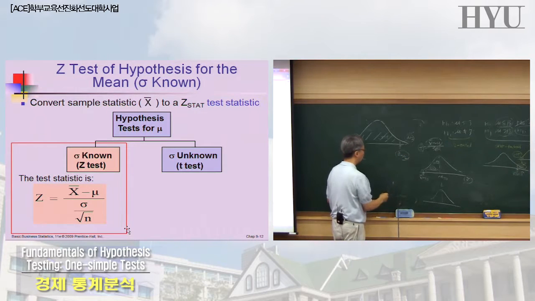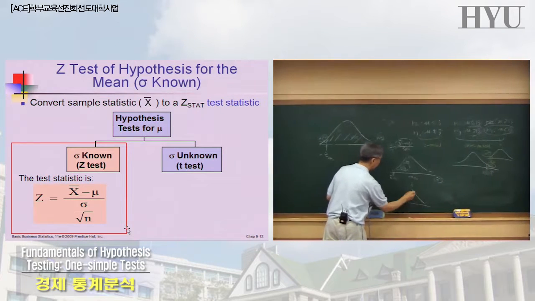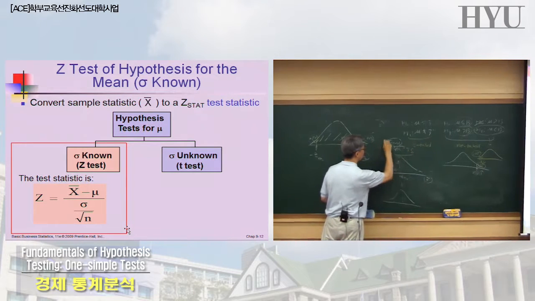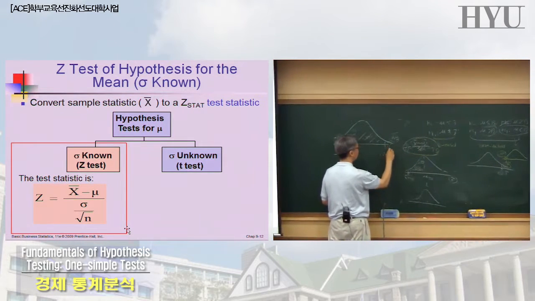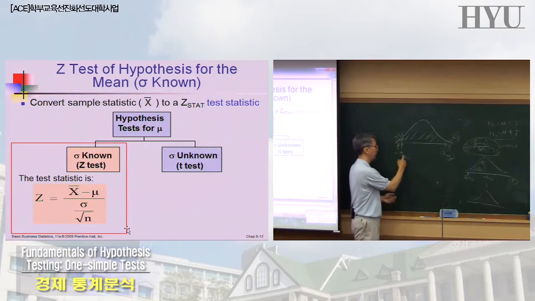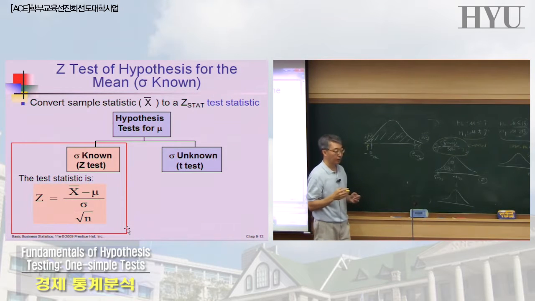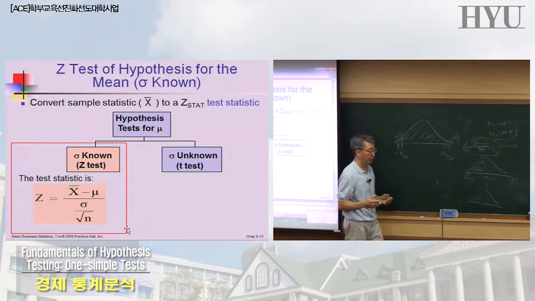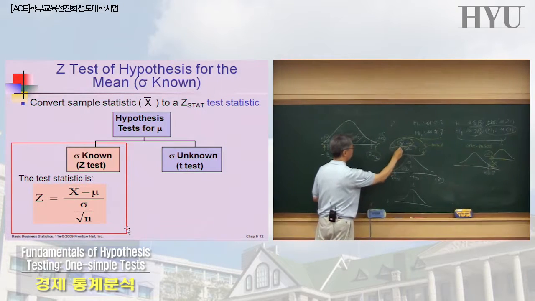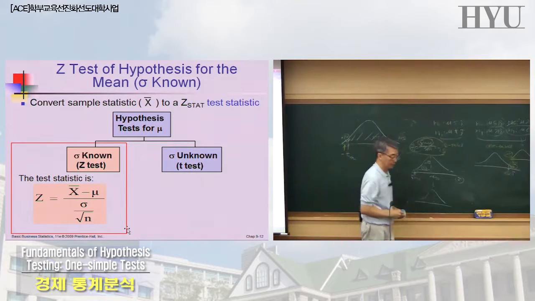If this test statistic comes out to be greater than or less than the critical values, which are Z-scores, then we should be able to reject the null hypothesis. That's why we are converting this actual distance into a Z-score and making it a test statistic.